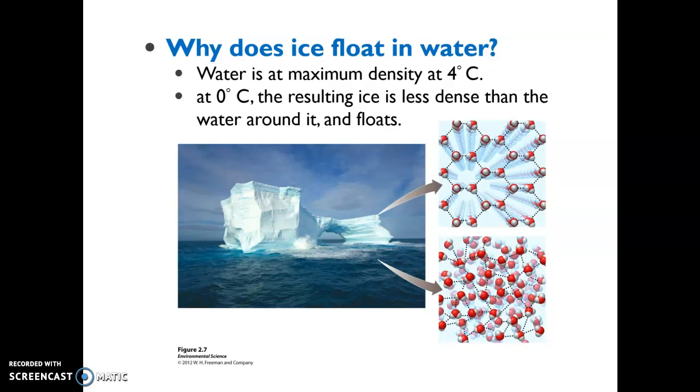In addition, if anyone's ever done ice fishing, you might know that living things such as fish are actually protected by the layer of ice at the surface and continue to live quite happily underneath that ice sheet. So those are two considerations when looking at the importance of this property. All right, one more slide and then we'll pause it.